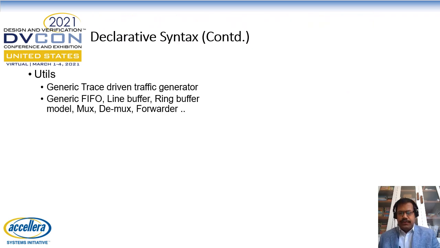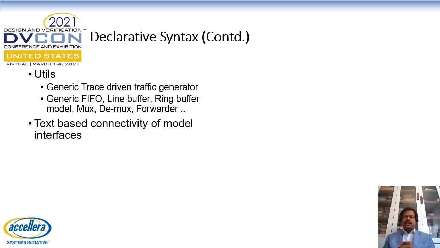To go further, we don't necessarily need only these custom built blocks or the specific functional blocks. In addition, there needs to be a lot of plumbing around it. So we have utilities like a generic trace driven traffic generator to drive traffic into the system to carry out further analysis. You also need elements like FIFOs, line buffers, ring buffers, mux, demux, selectors, forwarders, etc. in order to construct the system.